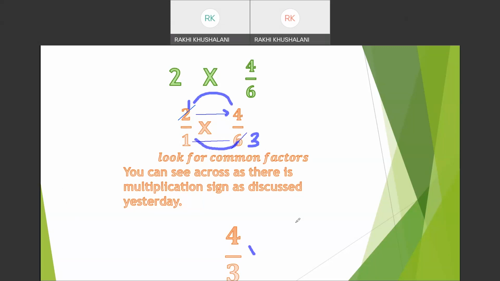So this is my answer, that is 4 by 3. Again, if you look at the answer, there is absolutely no common factor between the two. So we are not going to do any further thing to it. This answer is in the simplest, lowest, or reduced form.